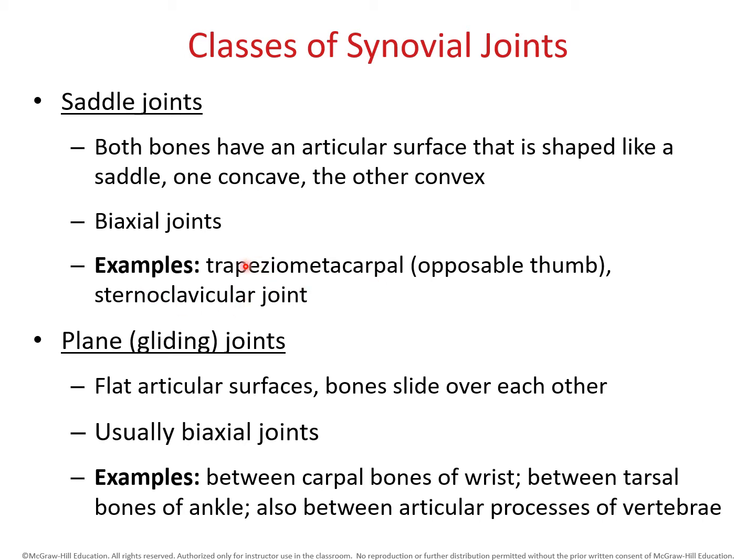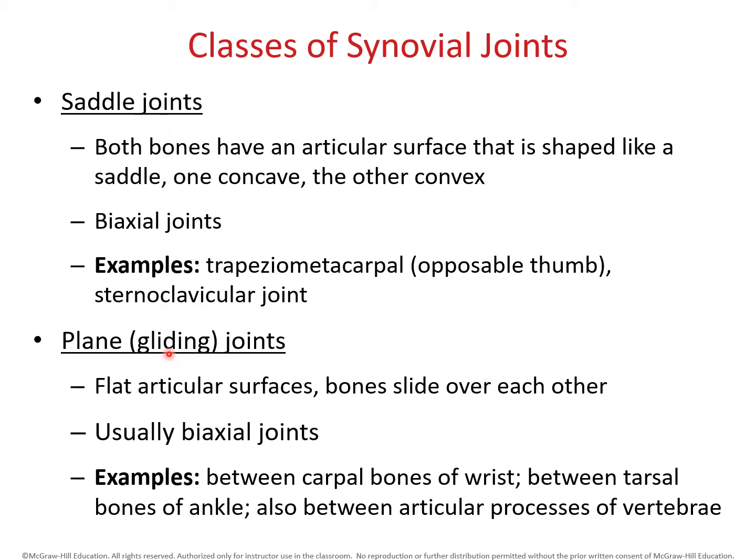Trapezium is the name of a specific carpal bone that you don't need to know, but you should know that a saddle joint exists between the trapezium and the metacarpal. This is right where your thumb is located, and this is why we have opposable thumbs. The sternoclavicular joint, you already know that joint. That is a saddle joint.